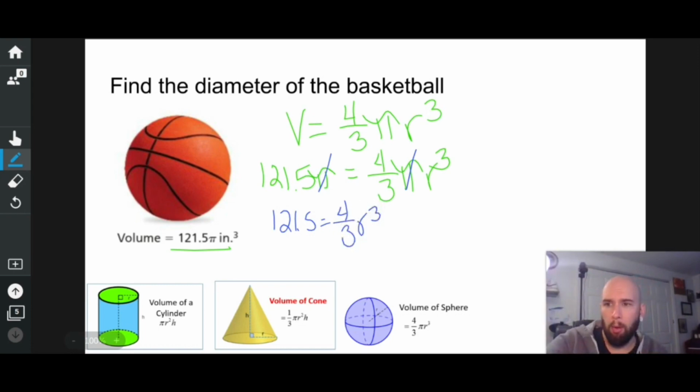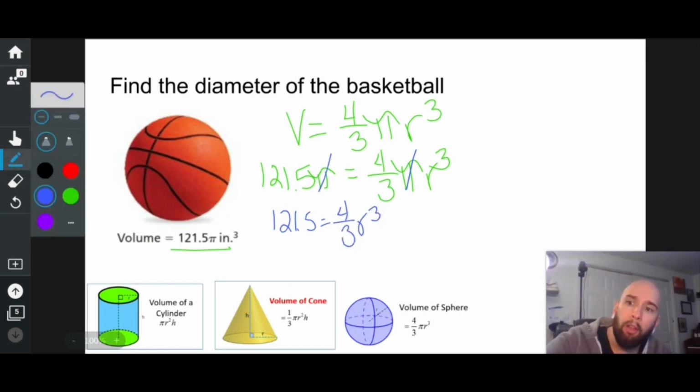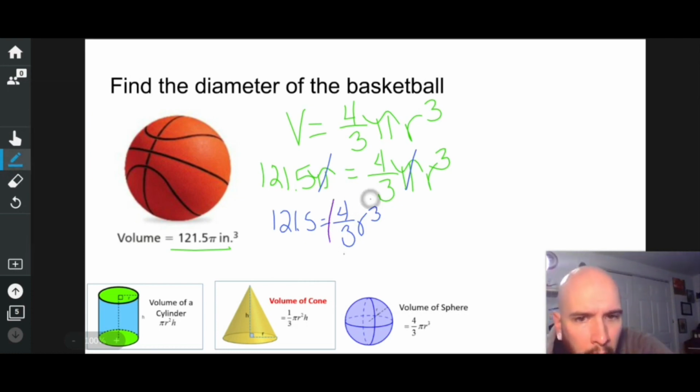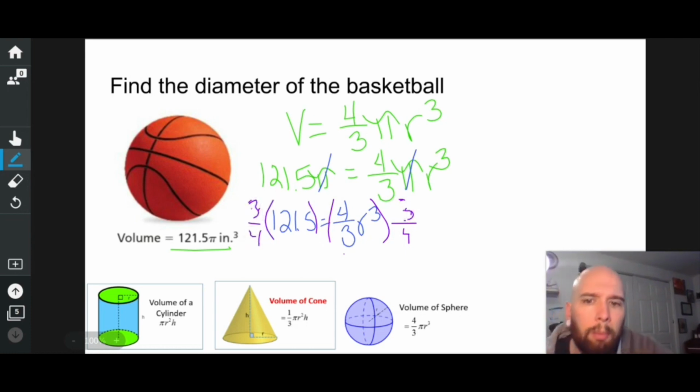I could divide both sides by 4/3, but instead of dividing a fraction, I would rather multiply the reciprocal. So I'm going to multiply both sides by 3/4. So let's do that.